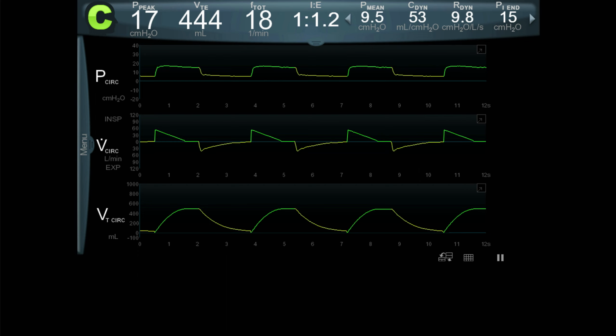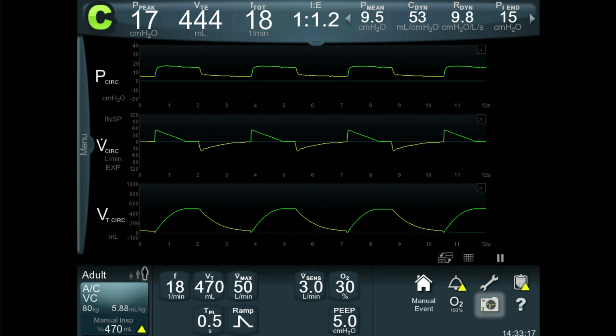Finally, what about this one? Pause the video for a moment, consider what you're looking at, and then follow on with me. Well, this is also volume assist control ventilation.